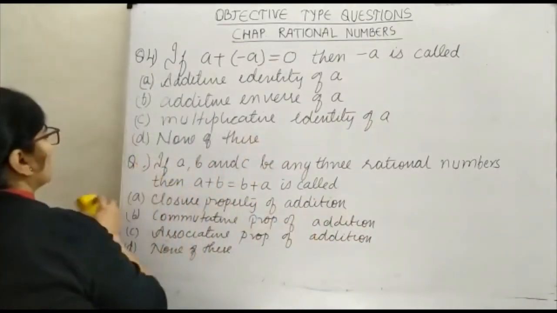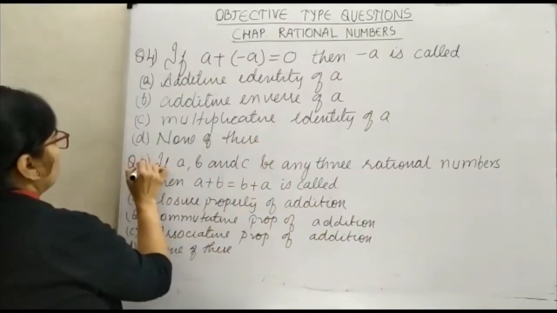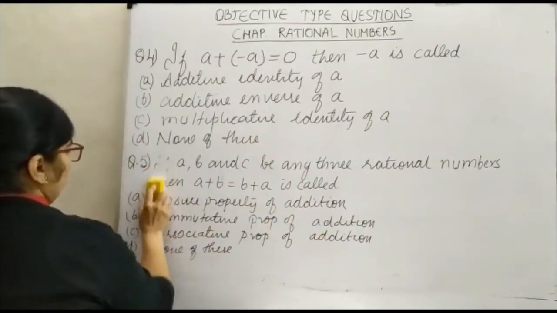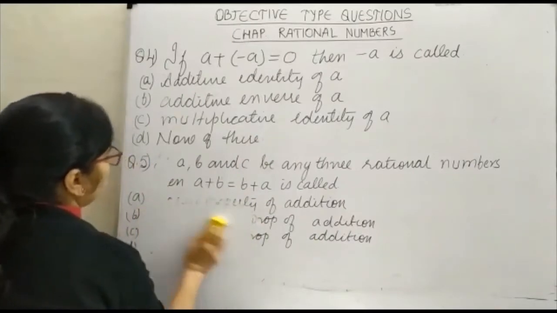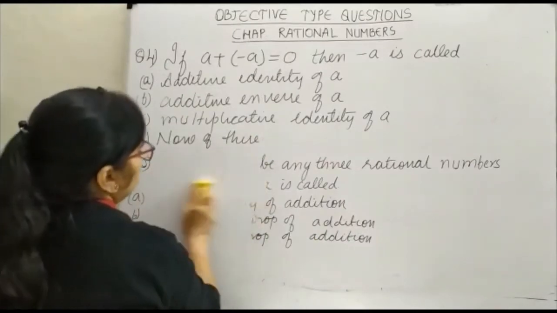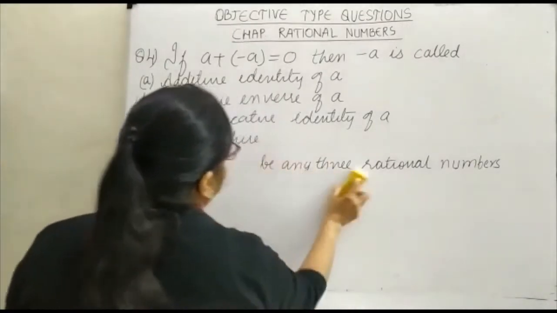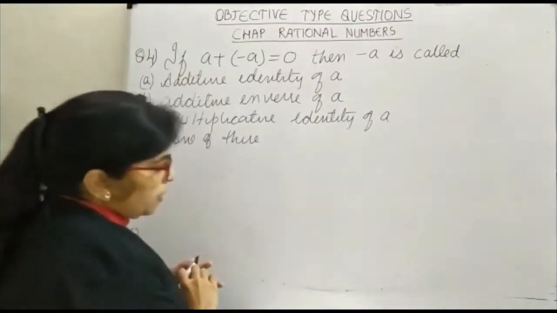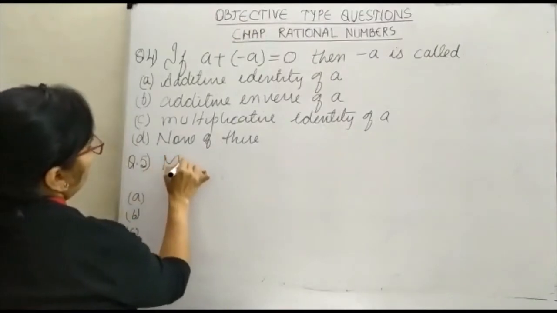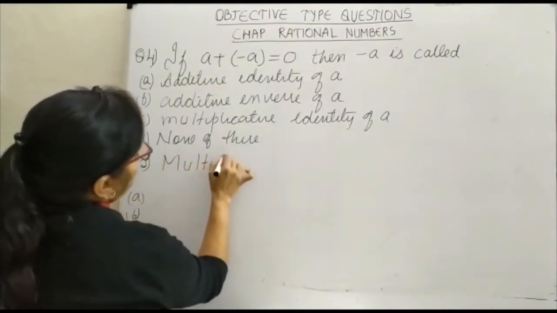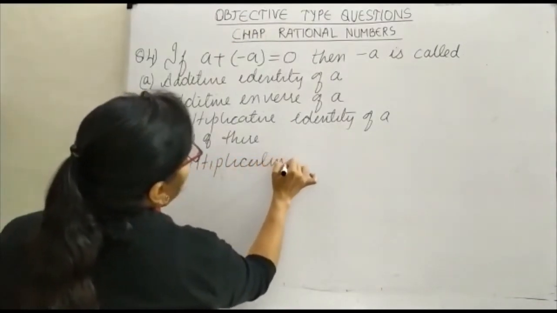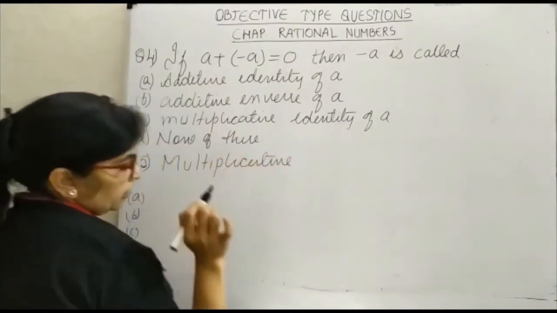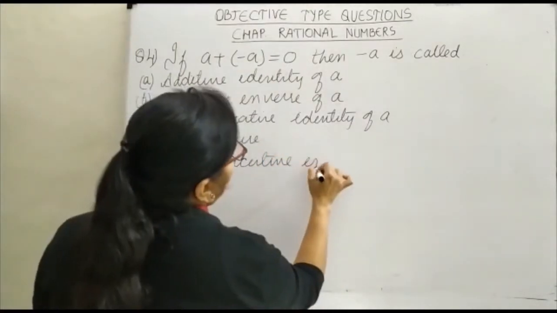Now we are moving on to question number 5. Your question number 5 is: multiplicative inverse of 0 is.